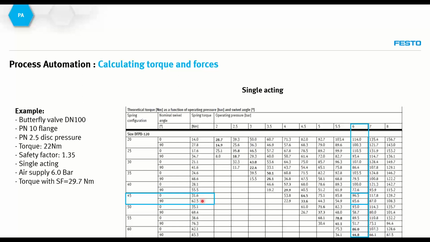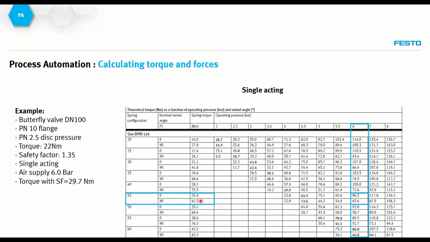So we have to make sure the torques coming from the spring are able to move my process valve. Looking at 29.7, we see this type of actuator is able to operate based on spring forces.